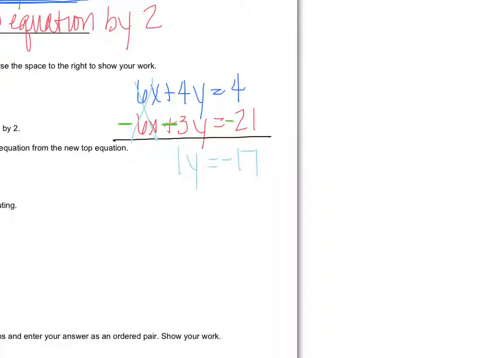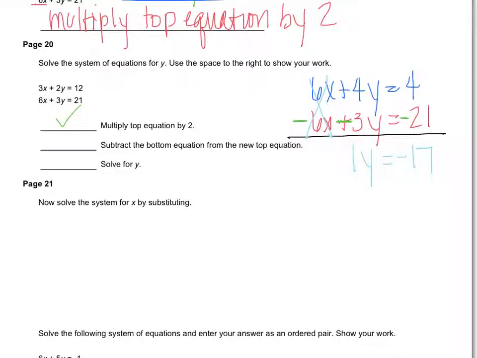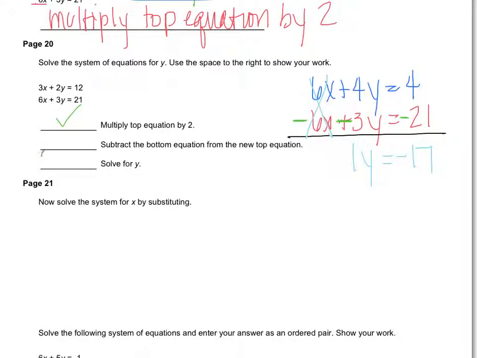So I have half of my solution. Because remember, we're looking for our solution in an ordered pair format. So we want it to be in the form something, comma something. We know y is actually negative 17. So to find x, I need to plug that back in. It does not matter which equation I utilize to find x. So I'm going to go back to the first one because my coefficients were smaller.